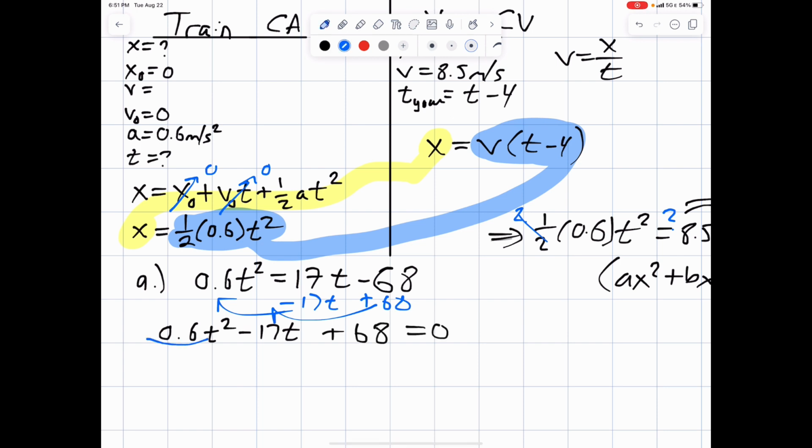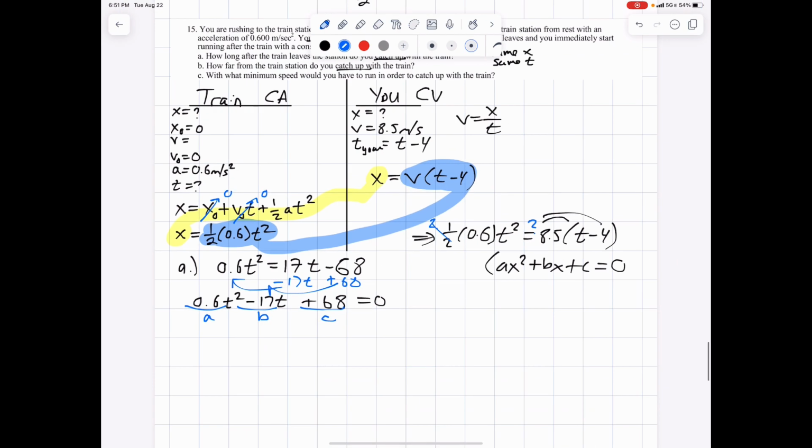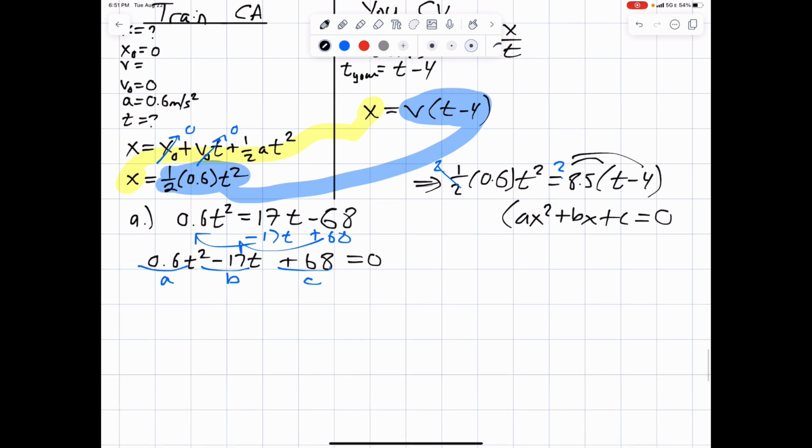That means this is going to be A, this is going to be B, this is going to be C, and let's use the quadratic formula on this thing. Ready? The quadratic formula is negative b plus or minus the square root of b squared minus 4ac, all over 2 times a.